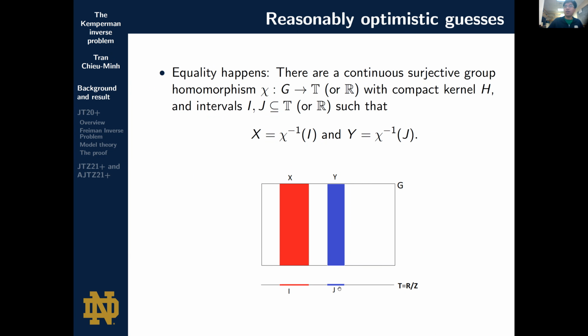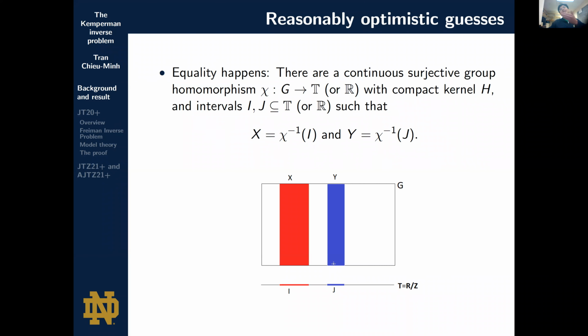I choose two intervals I and J, and I look at the inverse images of I and J. In this case, you can probably convince yourself that if you take the sum of X and Y, you will get the inverse image of I plus J. Therefore, in this situation, you will see that equality indeed happens. So this could be an optimistic guess, but a more reasonable one.